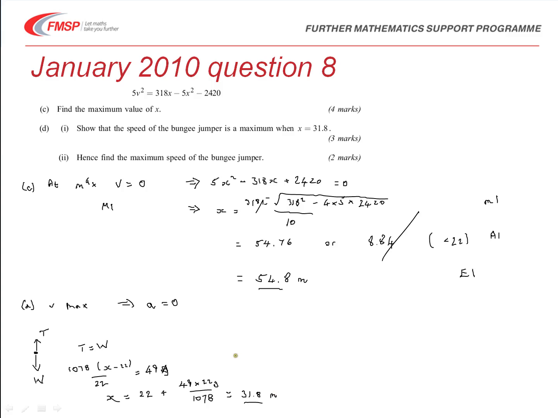3 marks for that. Again, a method mark for realising the tension has to equal the weight when the acceleration equals naught. And then an accuracy mark for that expression, and then for getting the correct value of x gives you the 3rd mark. And finally, in part 2 of the question, it then says hence find the maximum speed.